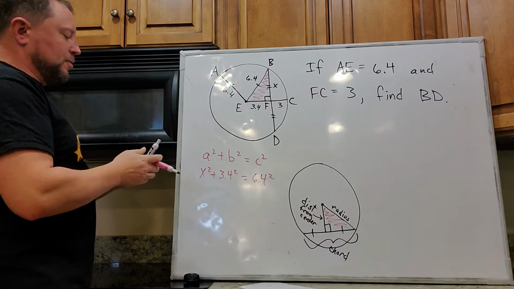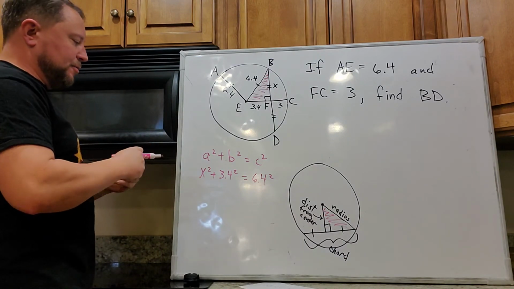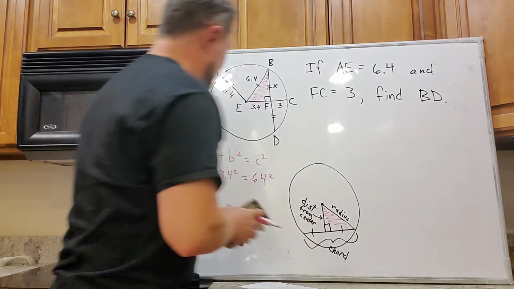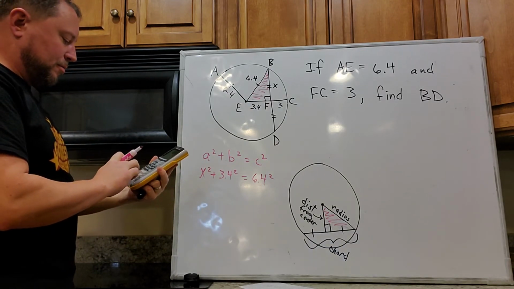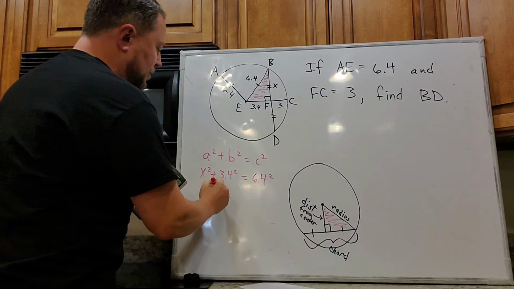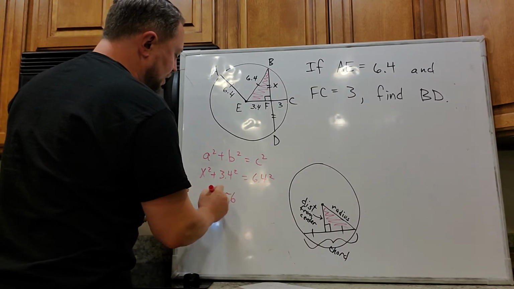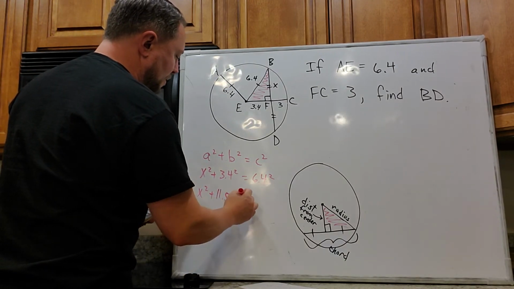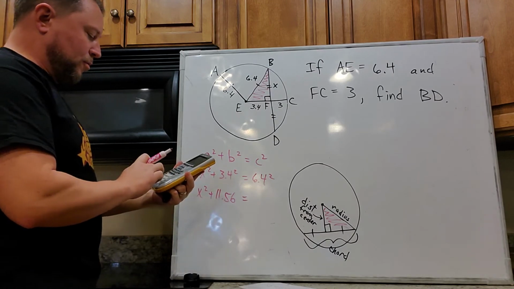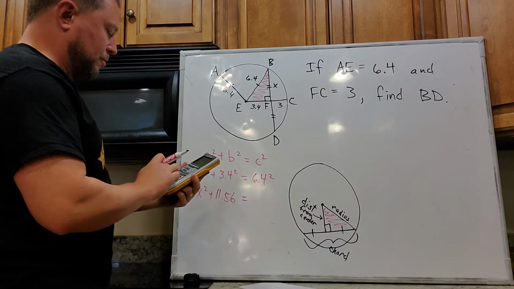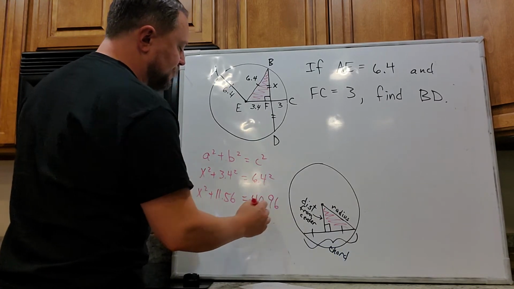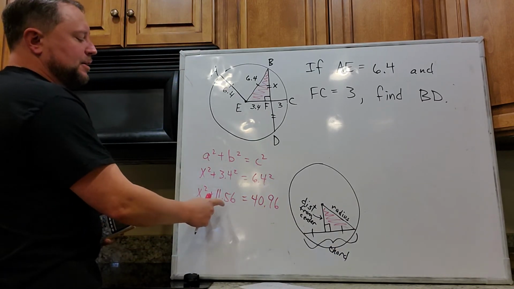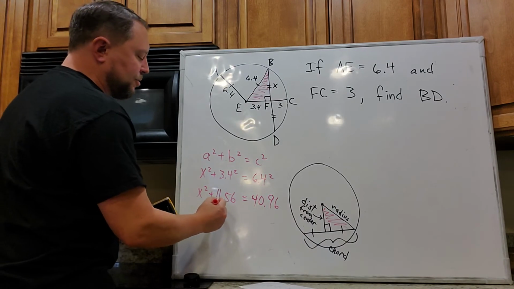Okay, this one deals with a bunch of decimals here, so I'm going to need to use my calculator on this. 3.4 squared is 11.56. 6.4 squared is 40.96. I'm going to get my x by itself, so I'm going to move this over here by subtracting it over.